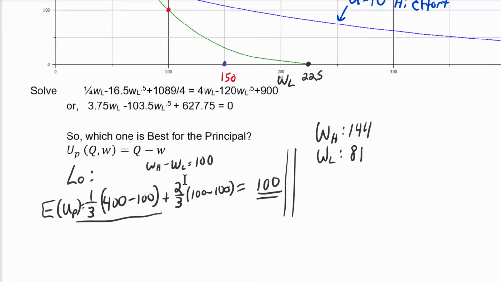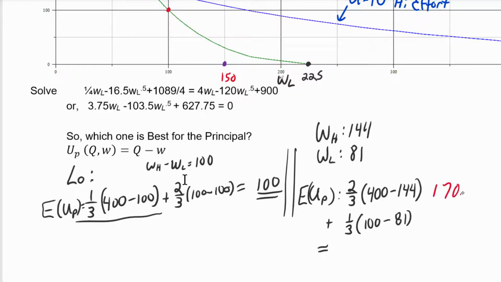Well, in this case, there's a 2/3 chance we get that high output level minus $144, plus there's a 1/3 chance we're going to get that low output level, pay the low wage. 170.67 for this part, 6.33 for this second part. Our expected profit will be 177.